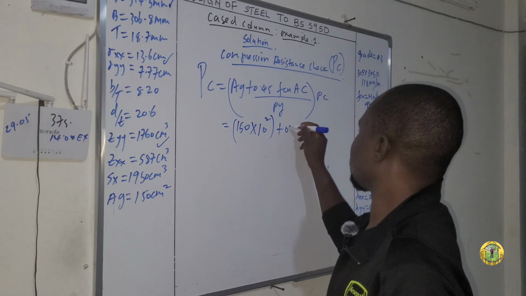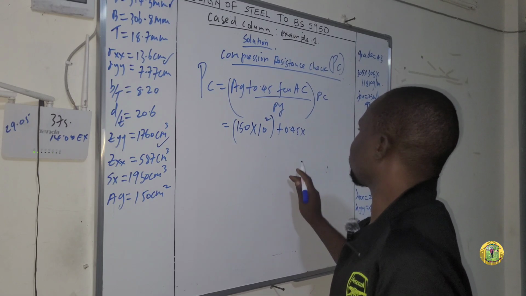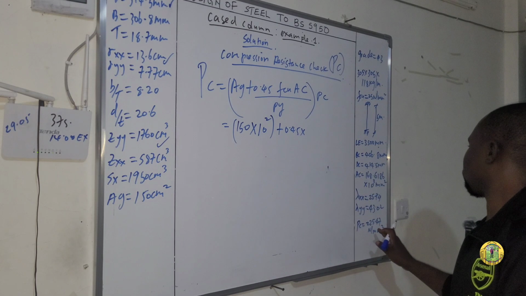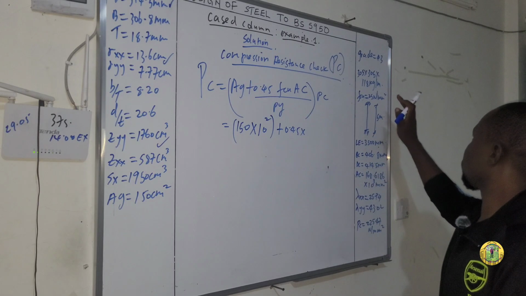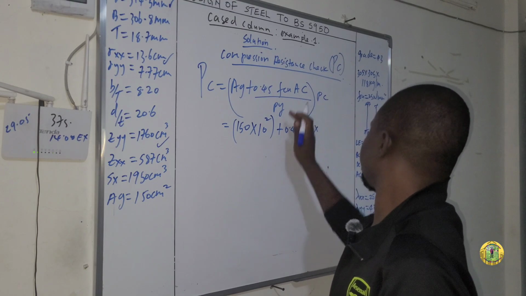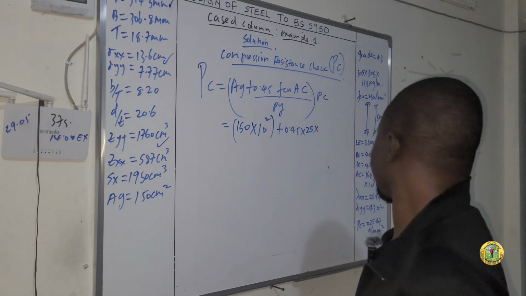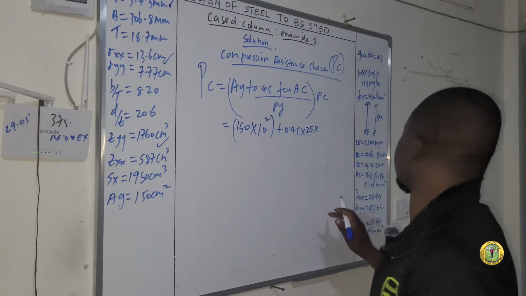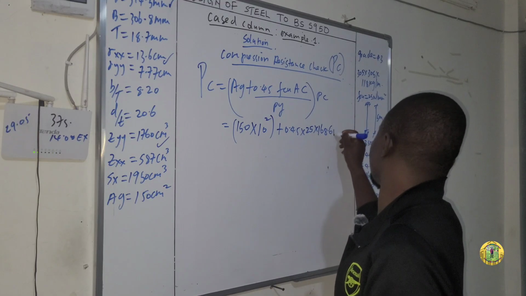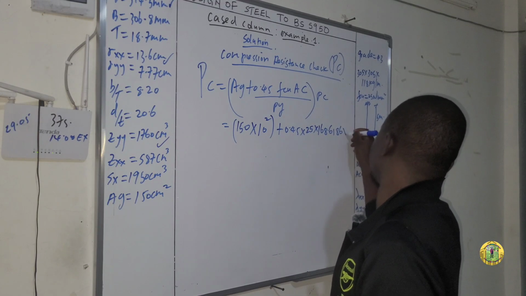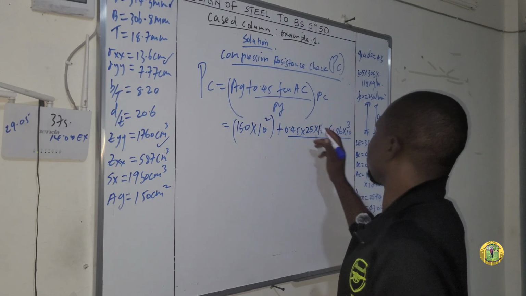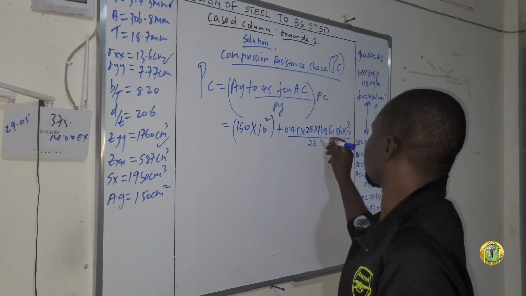Then plus 0.45 times FCU. FCU is here, 25, times AC. Our AC is here, which is 168.6186 times 10 to power of 3, all over PY, which is 265.